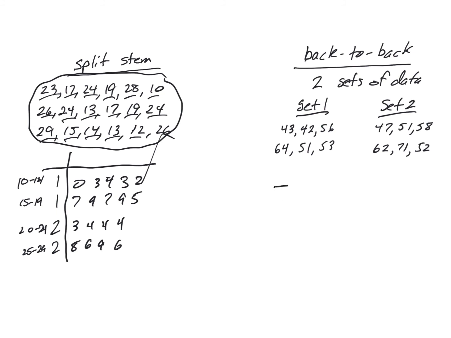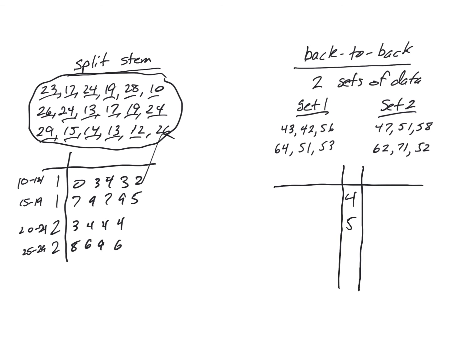A back-to-back stem and leaf is when you're given two sets of data, and it looks like this. Set number 1 is going to go over here, set number 2 is going to go over here, and you do it the exact same way we did our previous one. So we look at our numbers, and you have to look at all of them. I see 40s, 50s, 60s, and 70s.